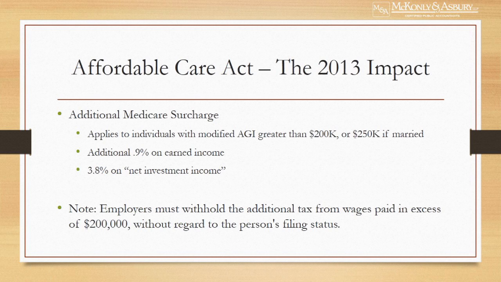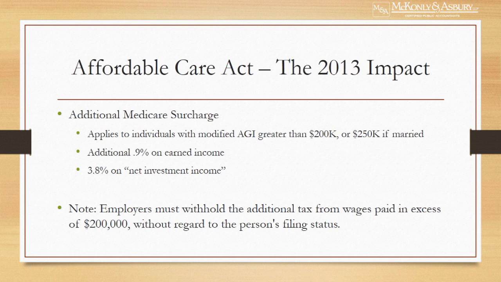So if you are in the highest income tax bracket, which is taxable income of over $450,000 for a married couple, you surely have AGI over $250,000, which means in addition to paying 20% or a higher rate on long-term capital gains, you will also see the 3.8% Medicare surcharge attached to your net investment income, which includes capital gains, qualified dividends, and even interest income that you would receive.